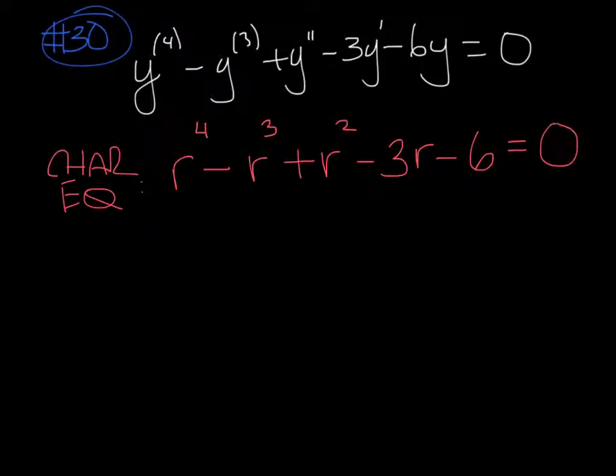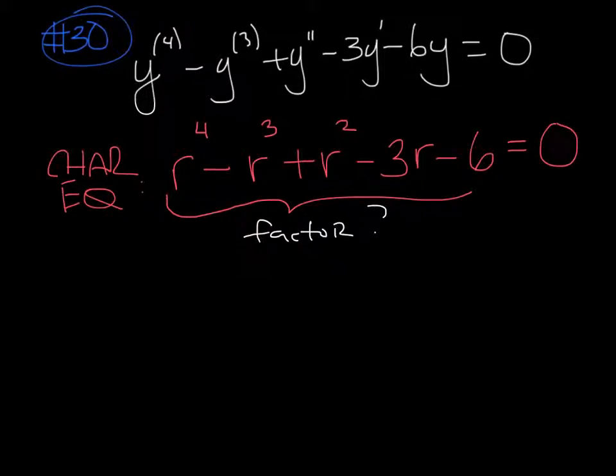Okay, so we have our characteristic equation, and again, the goal is to factor this, right? Can we factor this by using maybe a greatest common factor? Well, we definitely know it's not quadratic because the highest power is 4. So quadratic formula is out.